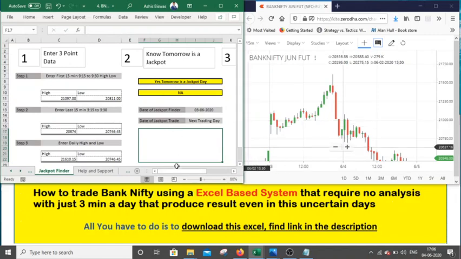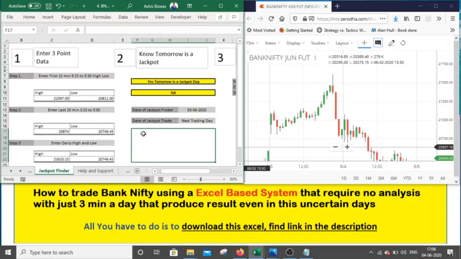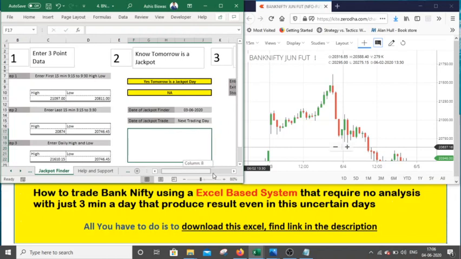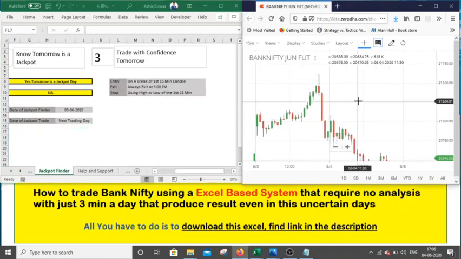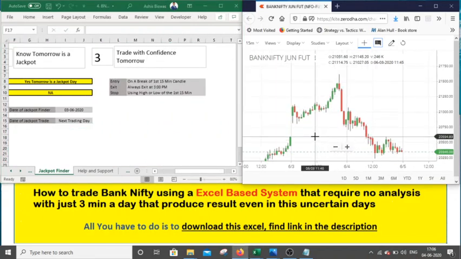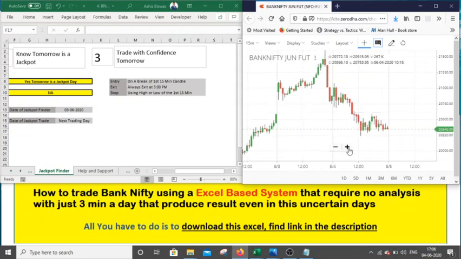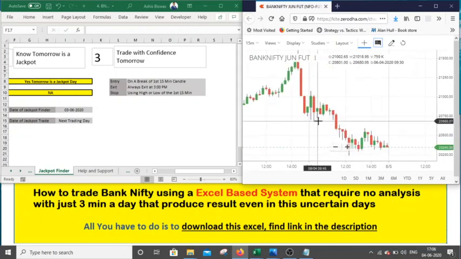Next day, what to do? On the date of the jackpot trade, the next trading day, what we did today is we simply entered short below the first 15-minute candle. The first 15-minute candle low was 2701.